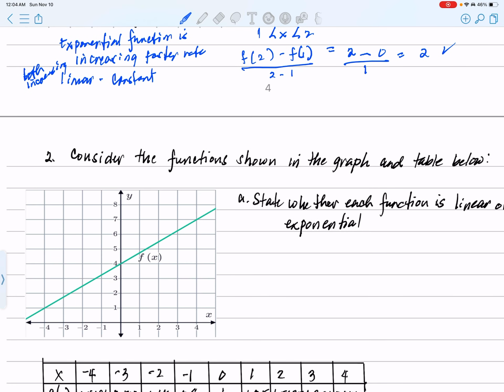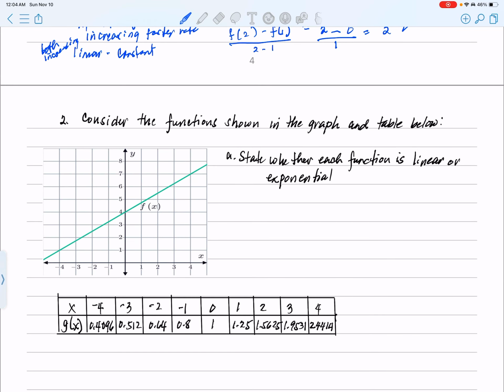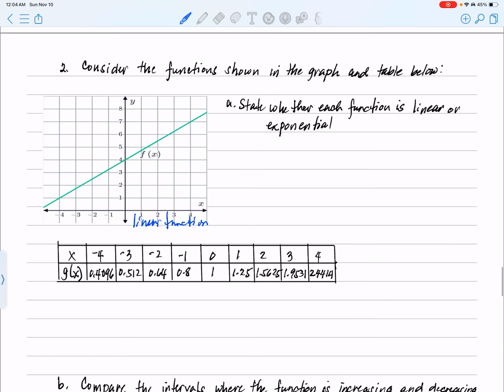Okay, let's have another problem right here. Consider the function shown in the graph and the table below. So we have, of course, this is linear. We can see it is linear because the graph forms a line.